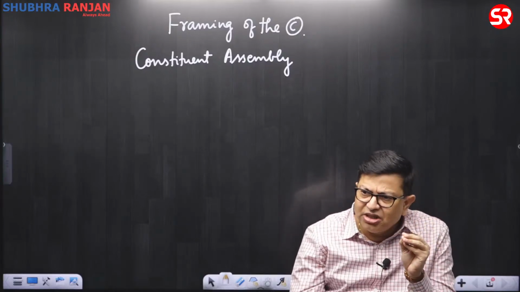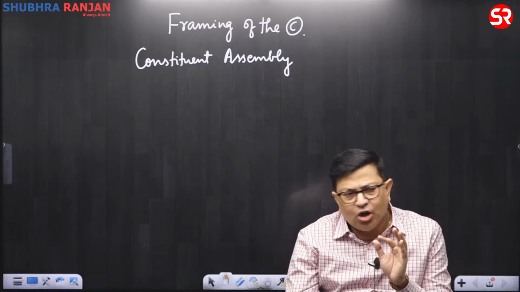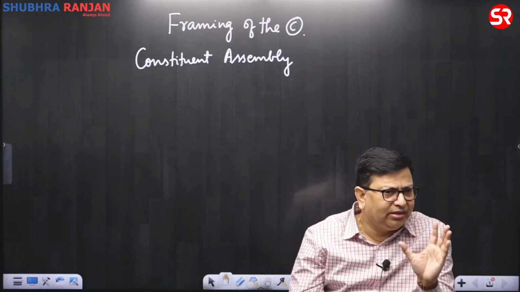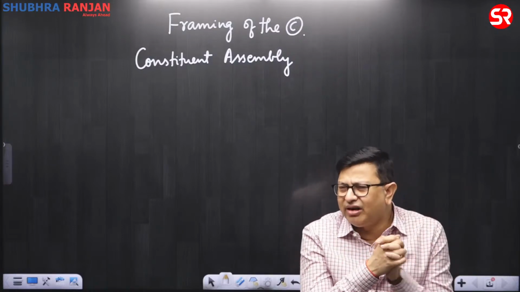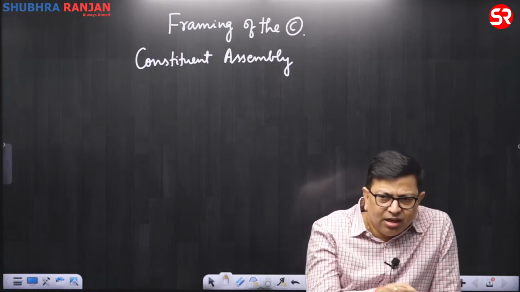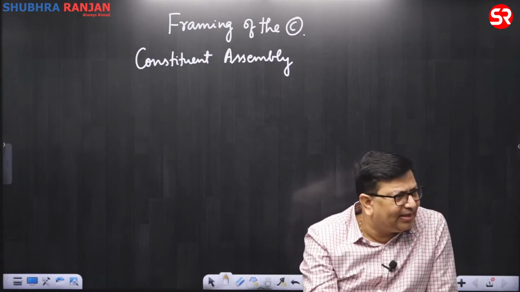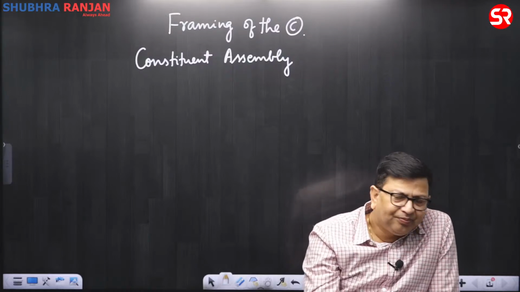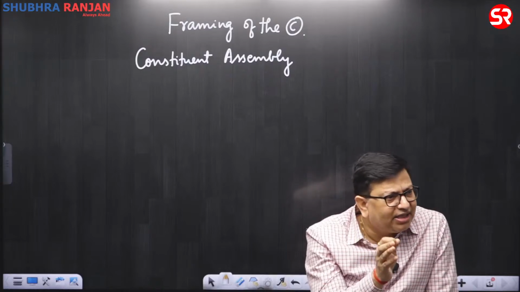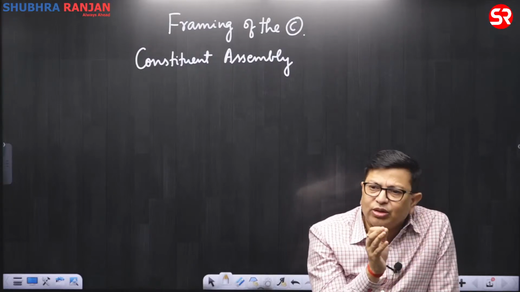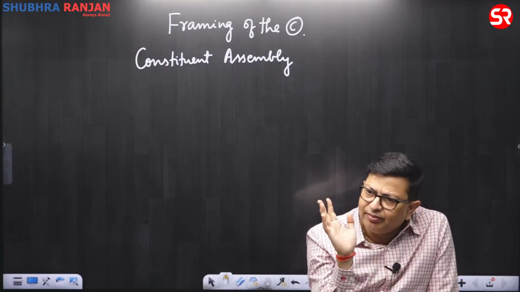discussion and debates used to take place in the Constituent Assembly on each and every part. So, when the first draft was prepared, the rough draft, then the part-wise discussion used to take place, and the members used to discuss it, and after the discussion, there used to be voting on the particular part or chapter.